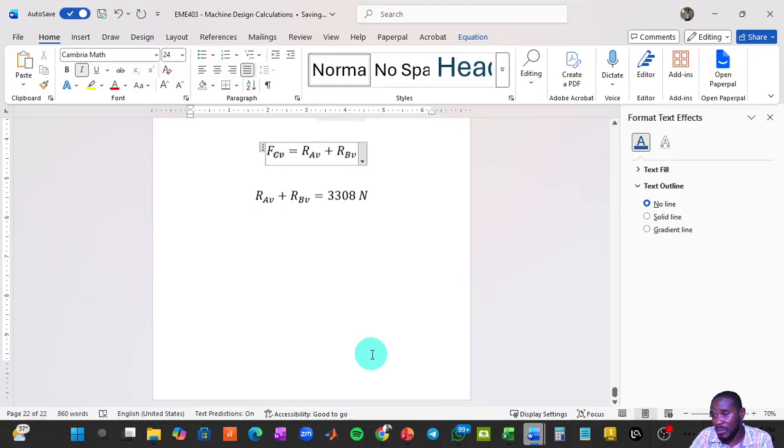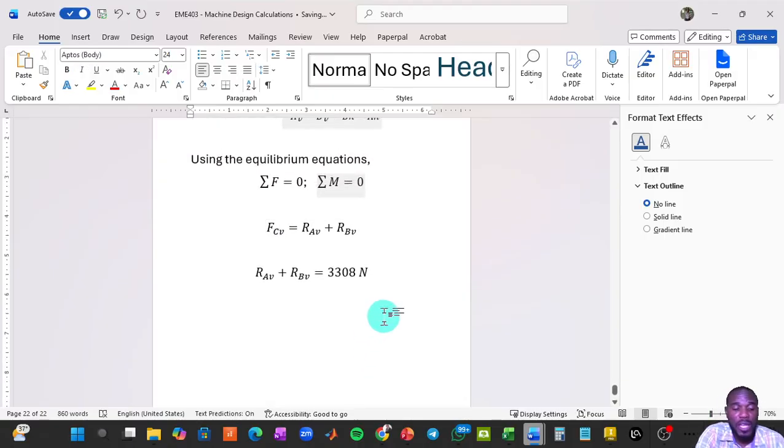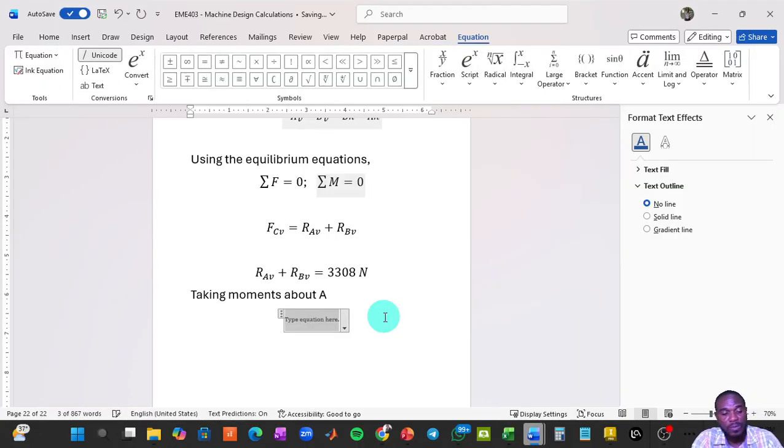So taking moments about point A will give us this: FCV times the distance between FCV and that point, which is 0.3 meters, will be the same thing as RBV times 1.